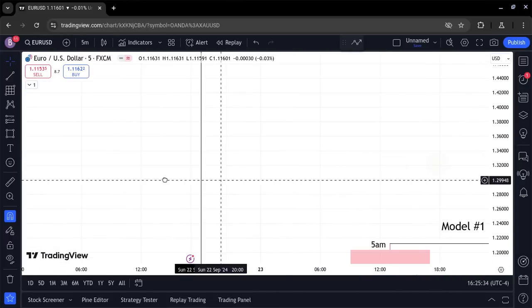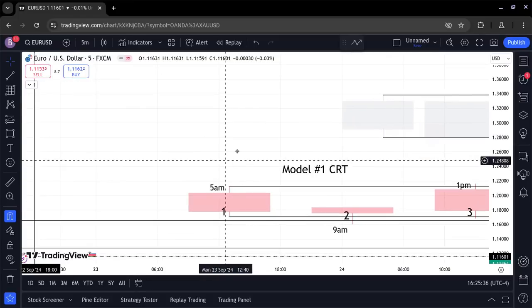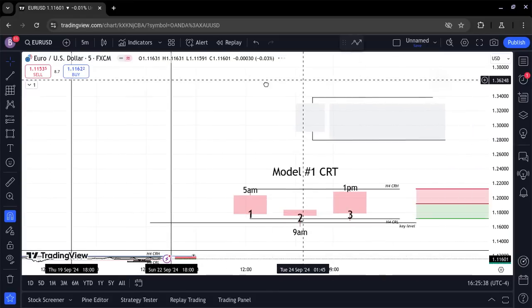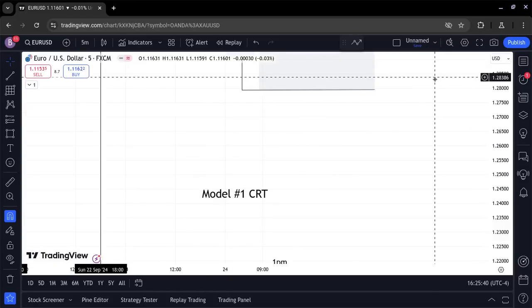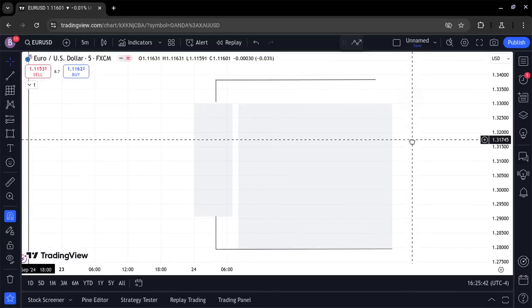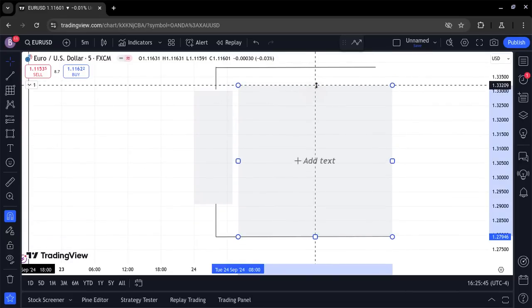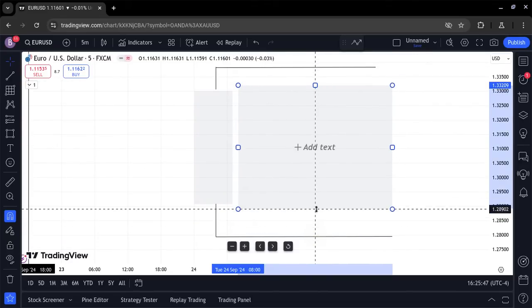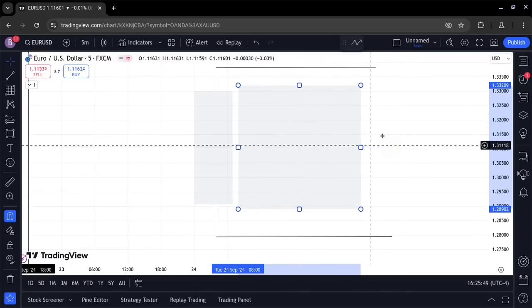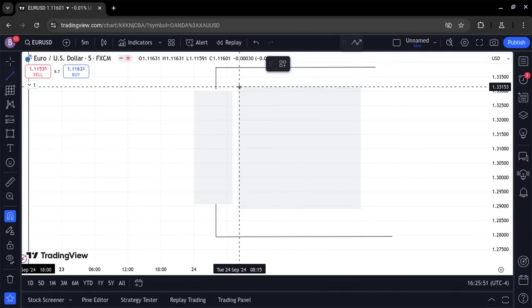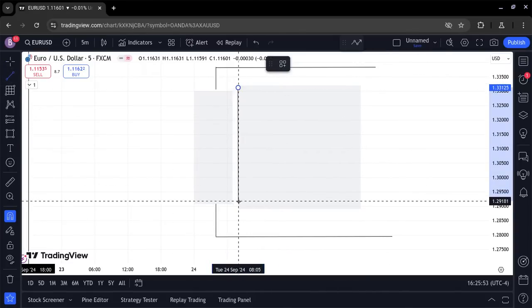Where did it go? It's right here. Okay, so this is the 4-hour open of 9 a.m. candle.